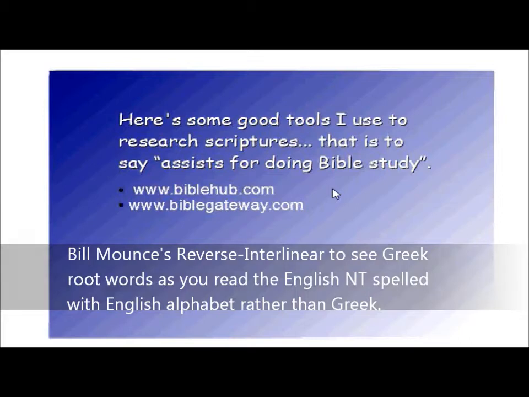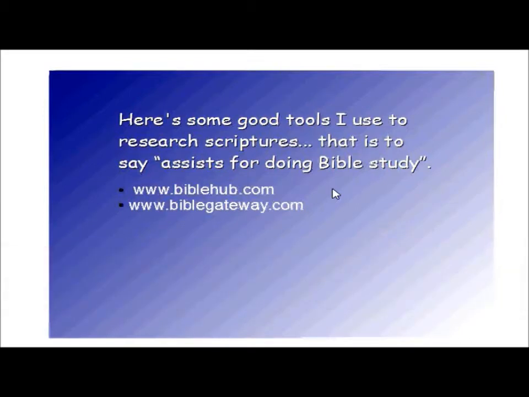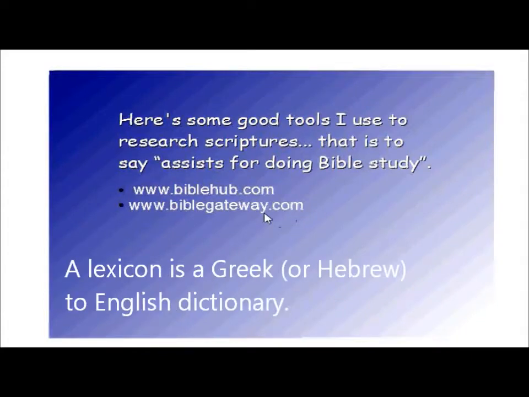It starts with English text and translation, and under each word, not using the Greek alphabet but our English alphabet, spelled kind of phonetically, is the root word or basic word that you would see in the lexicons.